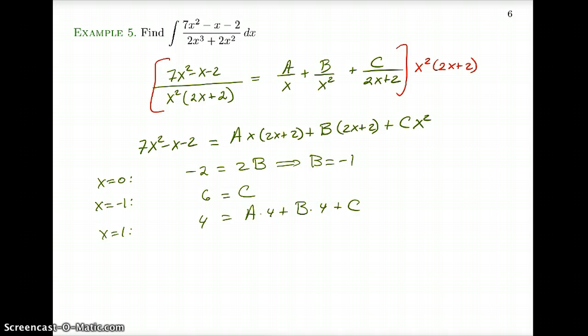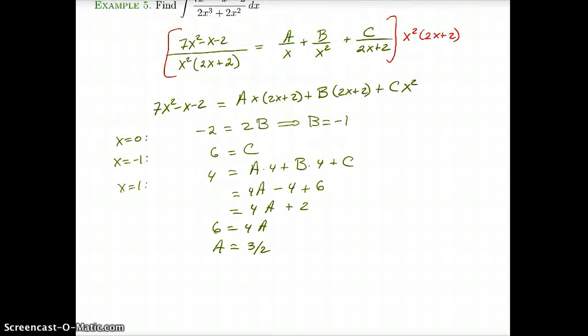And I know b is minus 1, so this is minus 4, and c is 6. So this is 4a plus 2. So 6 is 4a, and a then is 3/2.